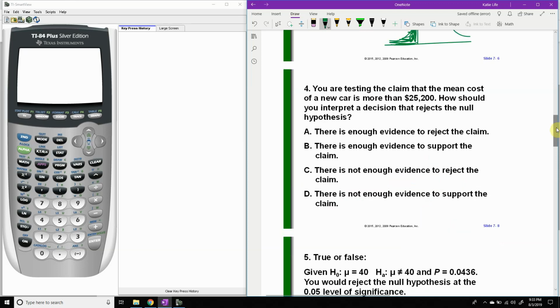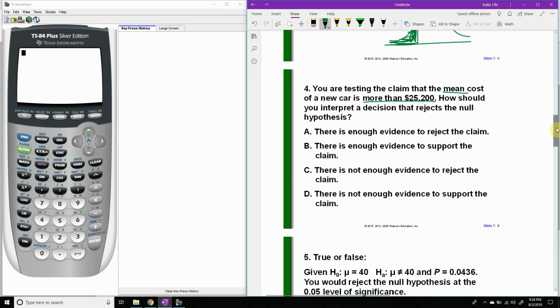Number 4, you are testing the claim that the mean cost of a new car is more than $25,200. How should you interpret a decision that rejects the null hypothesis? Okay, you're testing a claim that the mean cost is more than $25,200.